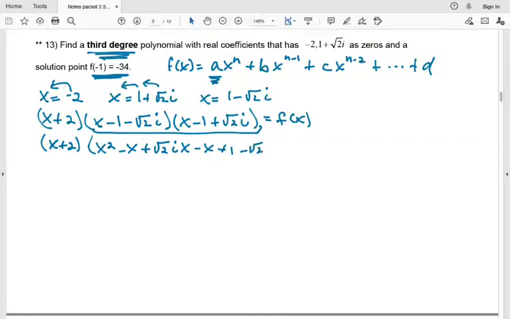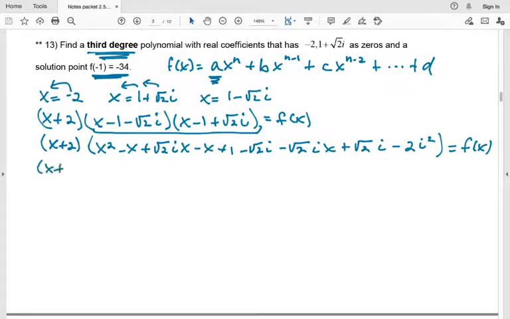Minus square root of 2i. And then I'll do the next one. So a negative square root of 2i x, and then plus square root of 2i, and then minus square root of 2 times square root of 2 is just 2, and then we've got i squared. All right, so that equals f of x.